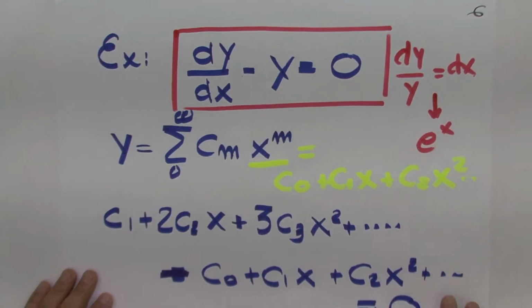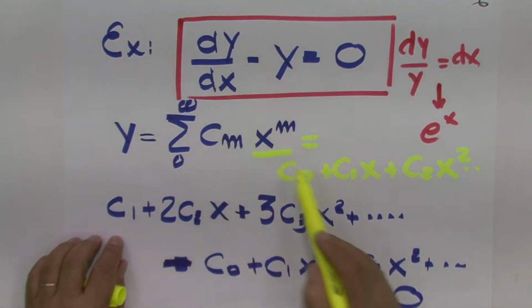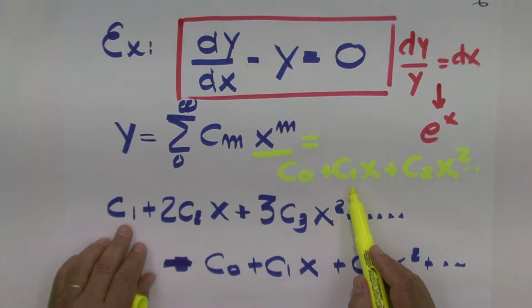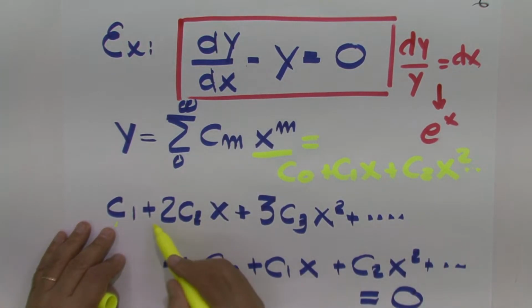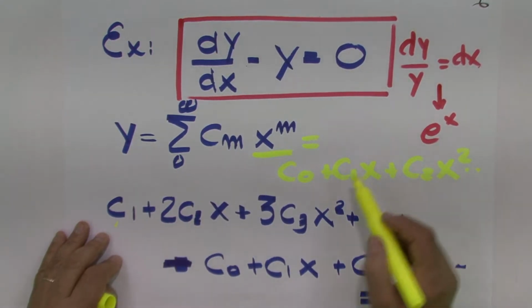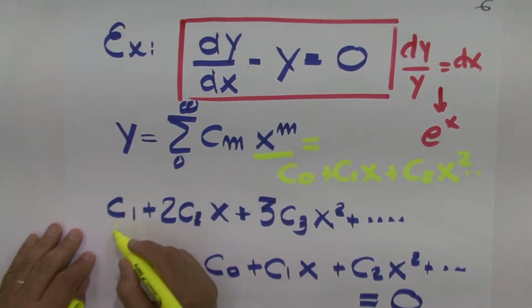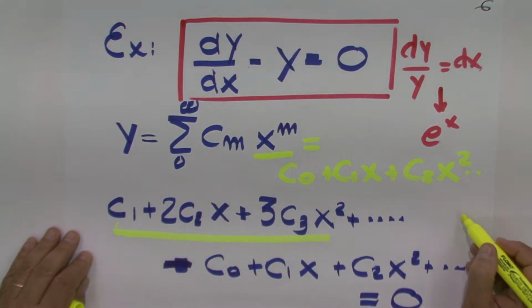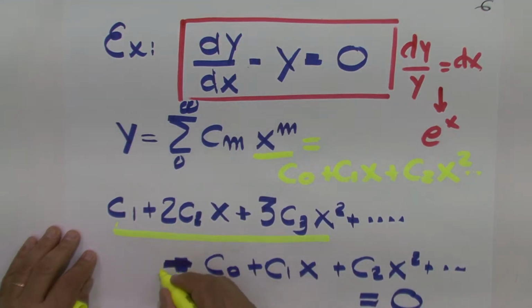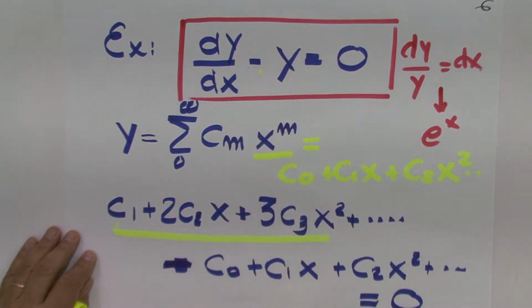You agree? When I take the derivative, c0 disappears, and I end up with c1 plus 2c2x plus 3c3x squared and so on. This is the first derivative. Minus the series itself, which is c0 plus c1x plus c2x squared plus all the other terms, equal to 0.